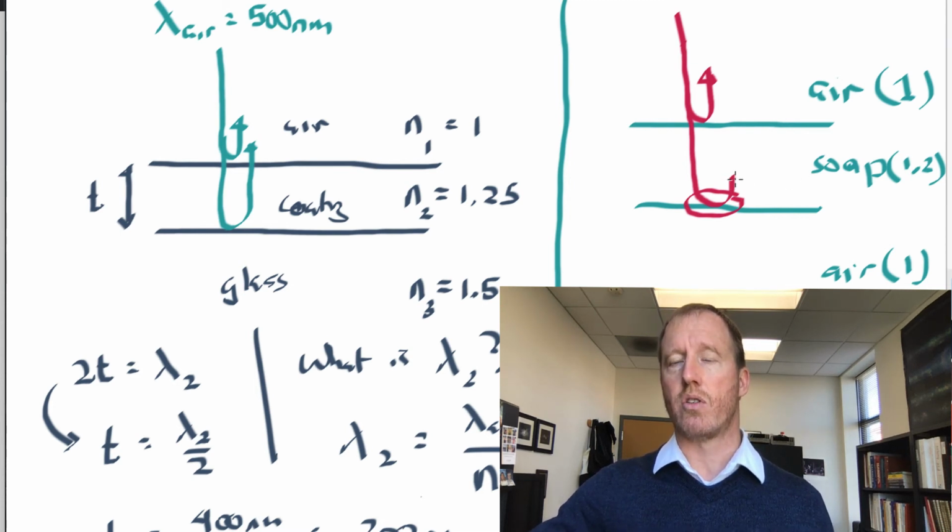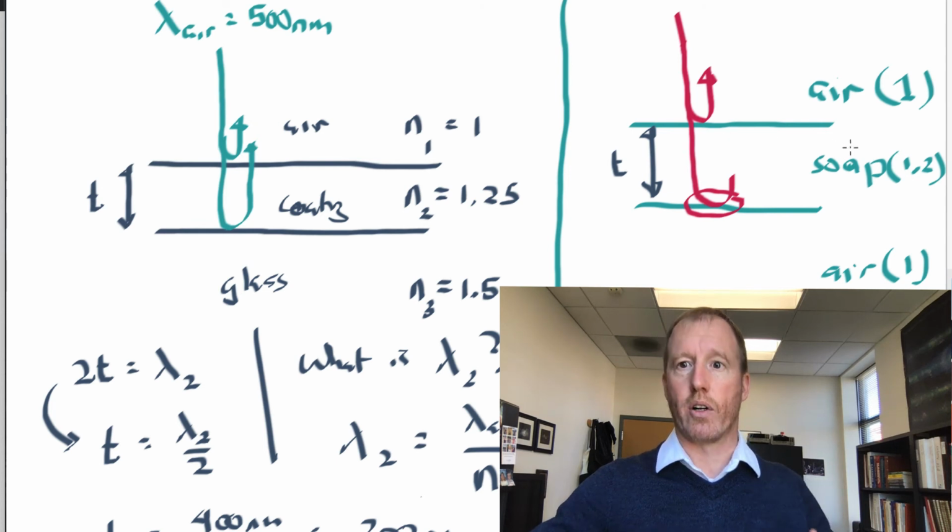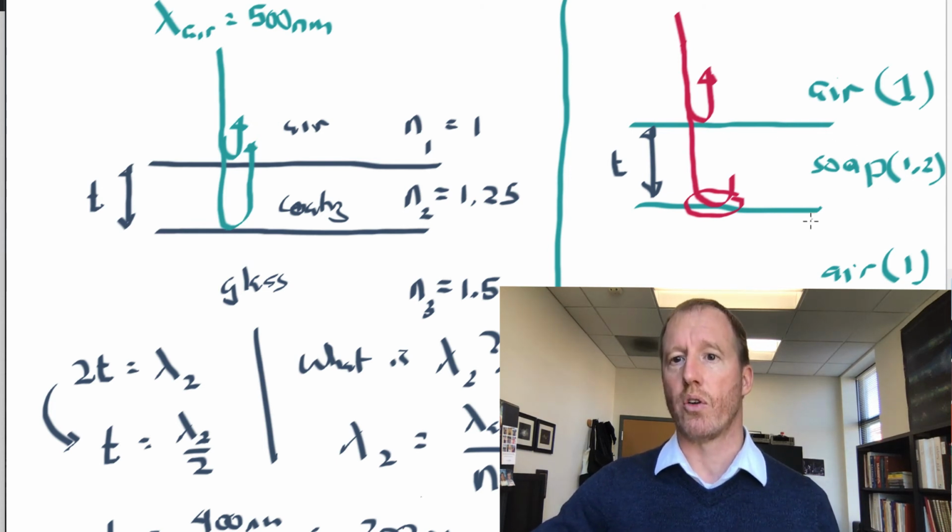So in addition to the extra wavelength that it goes through in traveling this extra distance t, so it goes an extra distance 2t and acquires some phase from that, there's also an additional 1/2 wavelength phase shift that it acquires simply upon reflection.